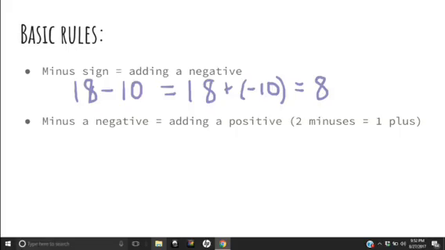If you see minus and negative, 10 minus negative 4, you're going to say bam, bam, make that plus a positive. 10 plus positive 4 is 14. So anytime you see two negatives in a row, subtracting a negative is the same as adding a positive, and so you're going to change that.